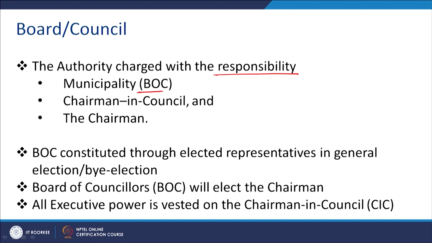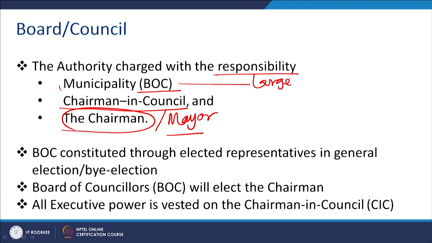So, they have a board of councillors, a chairman in council, and a chairman, or mayor if it is a corporation. The board of councillors is the largest body, and this is the head of that body, and the chairman in council is the ministry which will guide the development. The board of councillors is constituted through elected representatives in a general election or by-election. The board of councillors will elect the chairman, and all executive powers are vested in the chairman in council or mayor in council, as the case may be.